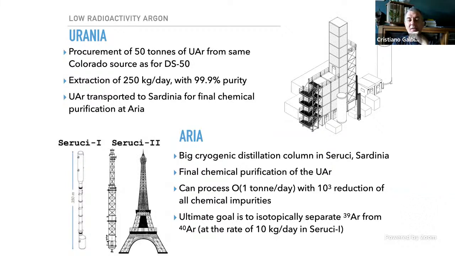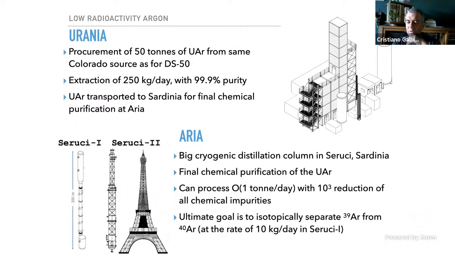So the Urania detector has the ability of extracting up to 300 kilograms per day from a very special gas well that has been identified in Colorado, where the argon has a very limited concentration, only 400 parts per million, but is extremely pure.